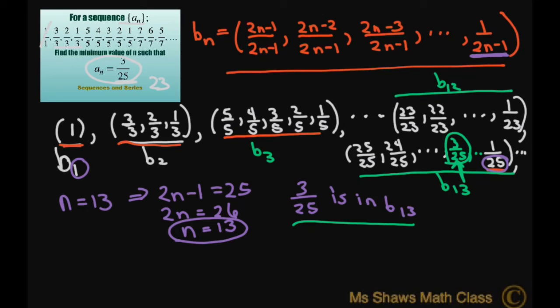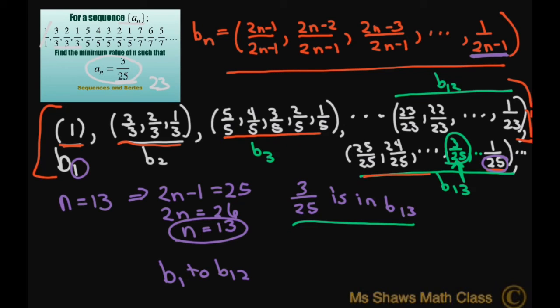All right. So now what we're trying to do is first find the number of terms from b sub 1 to b sub 12. Once I do that, I'm going to add the terms of the last group.